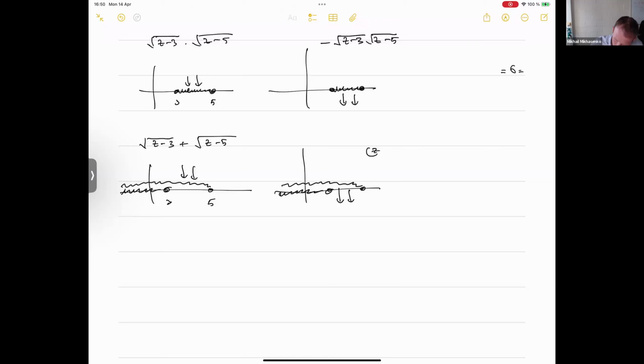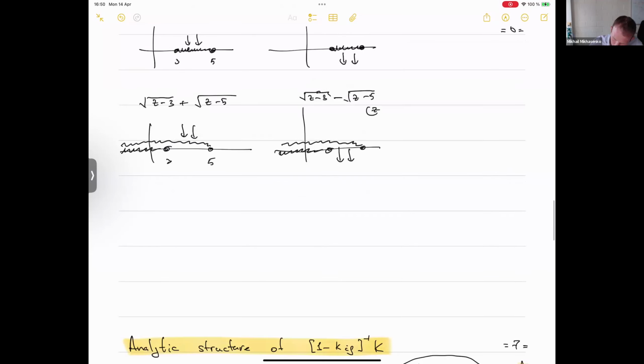And the function is square root of z minus 3 minus z minus 5 under square root. But we see that there is actually more one can do. For example, one can try to see if there are functions that can analytically continue the values that one finds here.